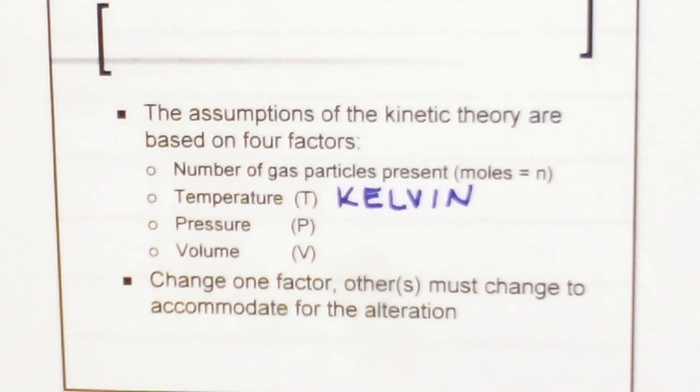When you change one factor in an equation, that's going to affect the other factors. So if you increase the pressure, you increase the temperature. If you decrease the volume, you increase the pressure.